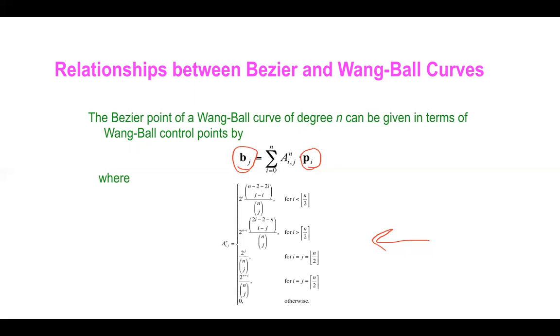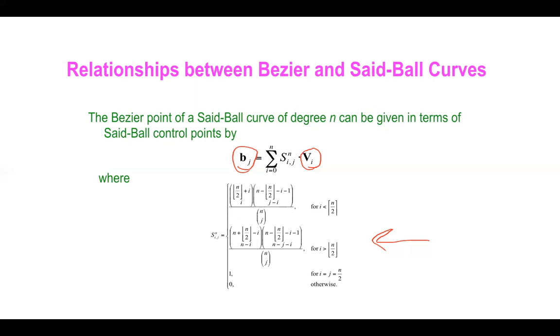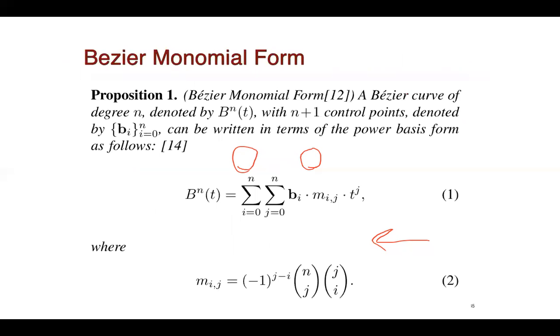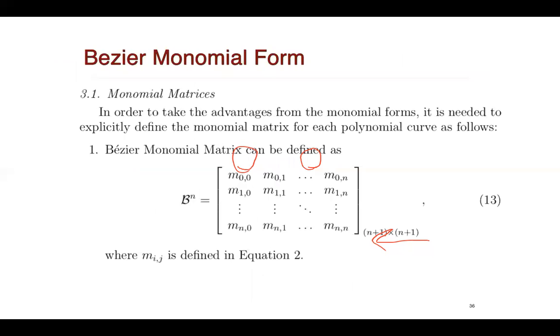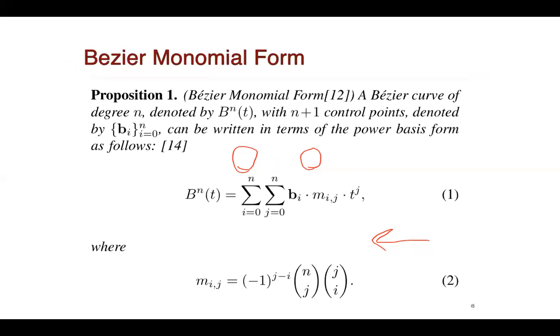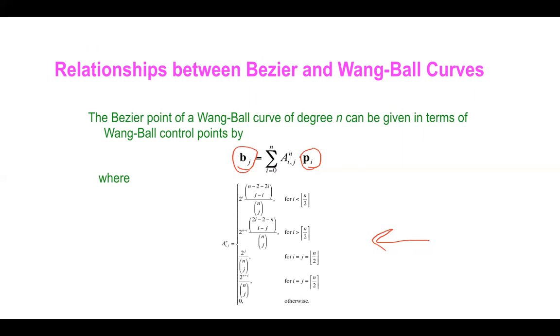You have to write a program in order to find the relationship between Bezier and Wang ball curve of any degree, and also for side ball curve. Okay, please write a program.